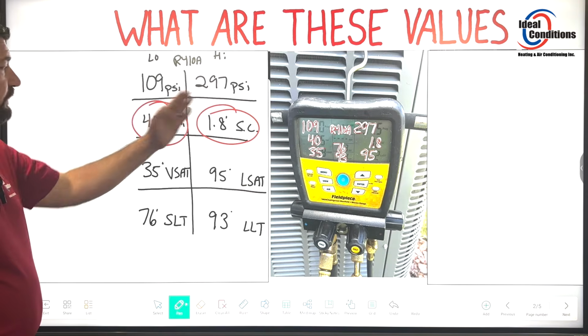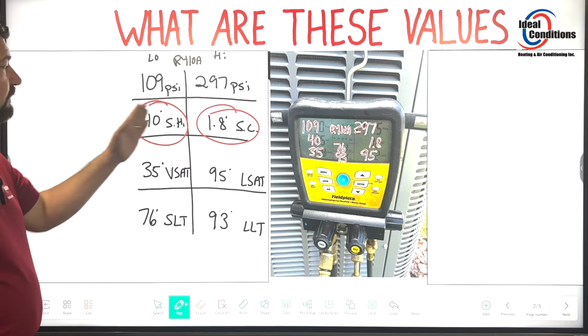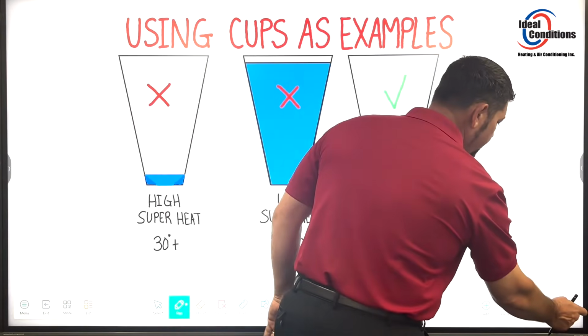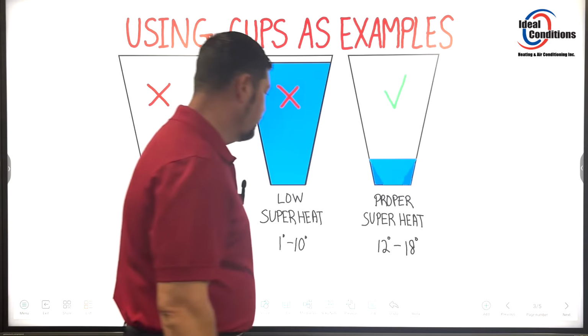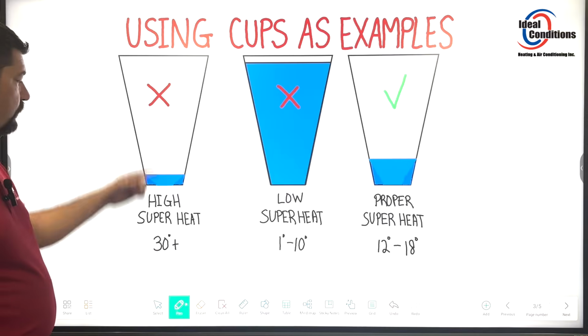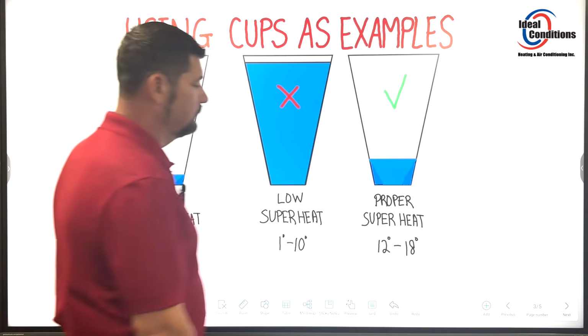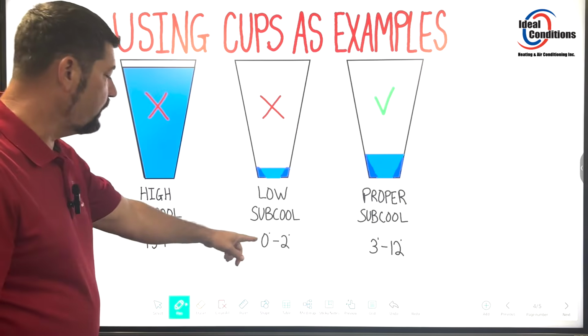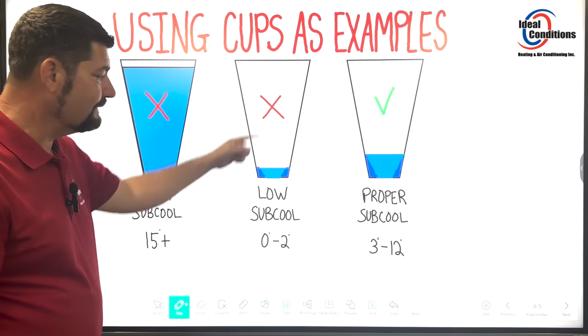So if this is low and this is high, what combination would that be? A high superheat, yeah, we're 40, so that's not good. A low subcool, because we're 1.8, that's not good.